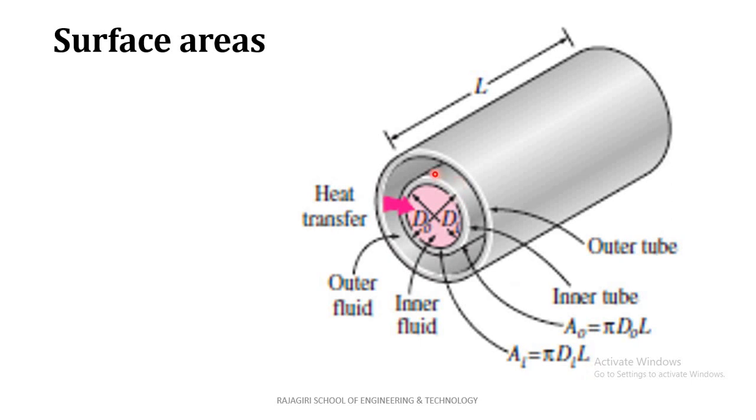If the hot fluid moves through the annular space and the cold fluid moves through the inner tube, then heat will transfer from the hot fluid to the cold fluid in this radial direction. So these are the surface areas of the heat exchange process, that is, the area of the heat exchanger.